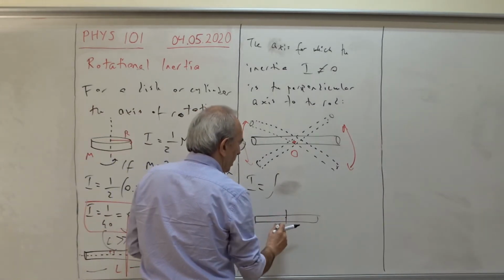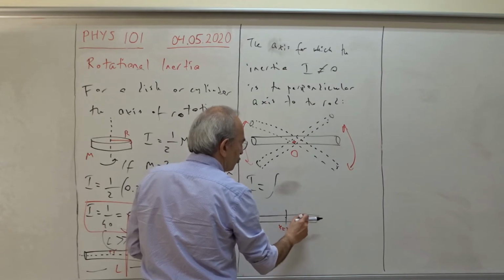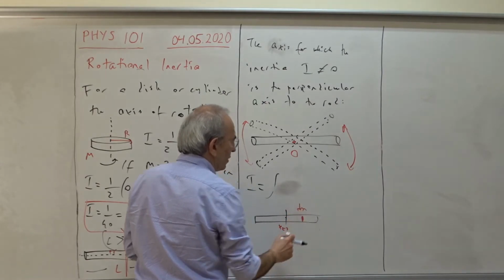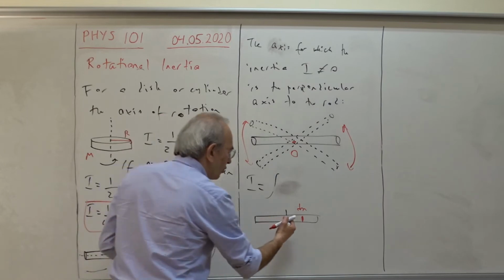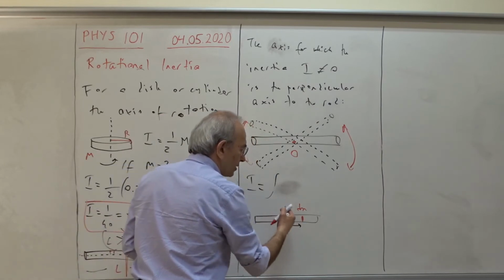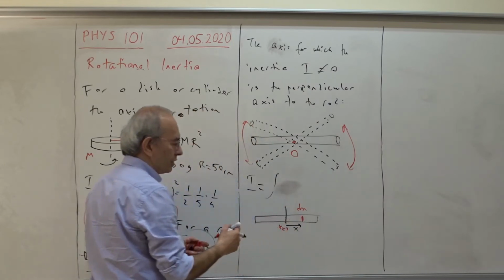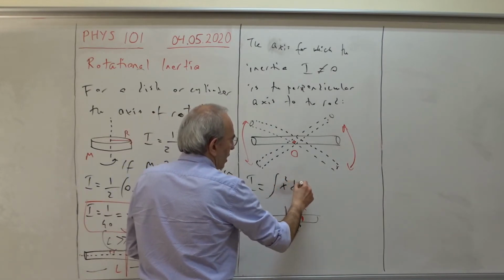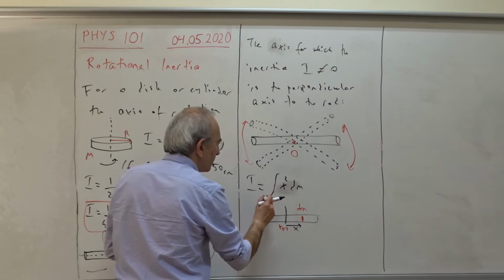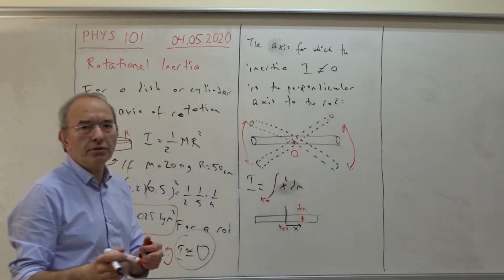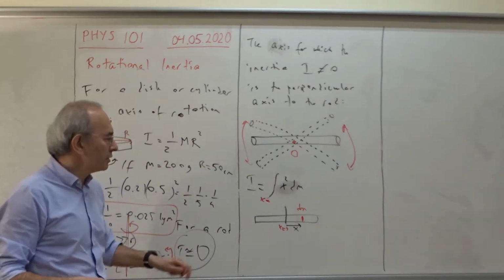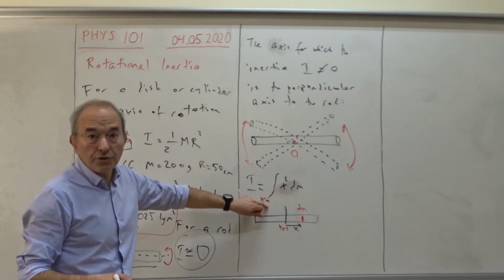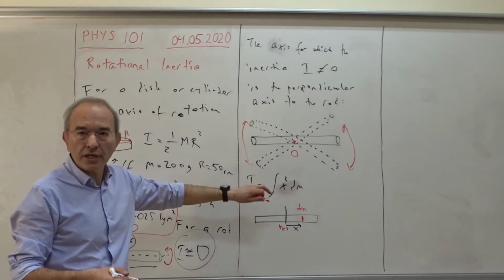For example, this is x equals 0. And if you choose any little mass element dm, this distance from the axis is x, for example. So it is x squared dm. Now in an integral, for the definite integrals, you put the limits, lower and upper limit.